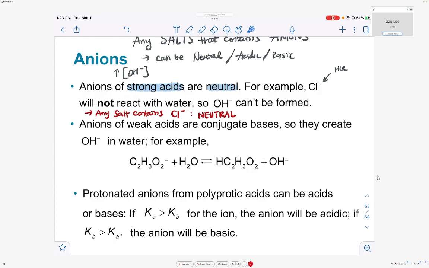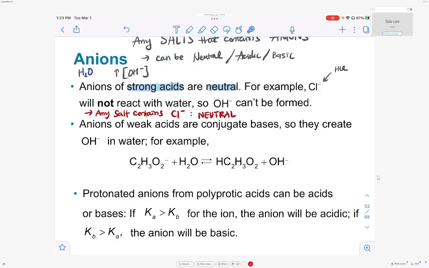And then if water loses a proton, what does it become? Hydroxide ion, right?